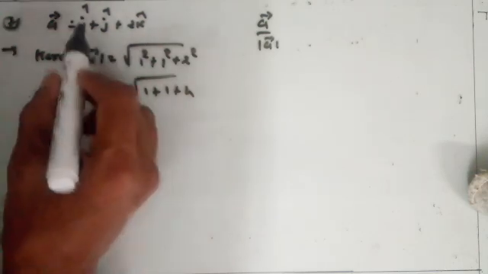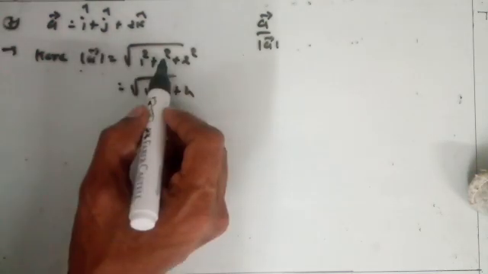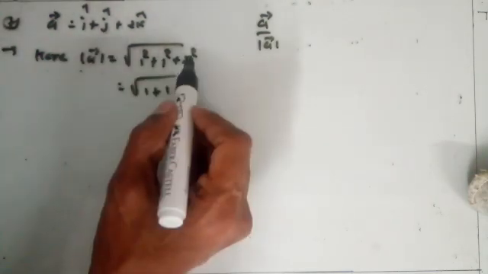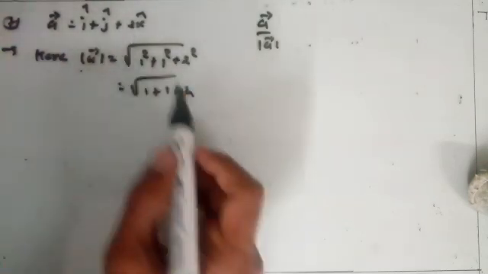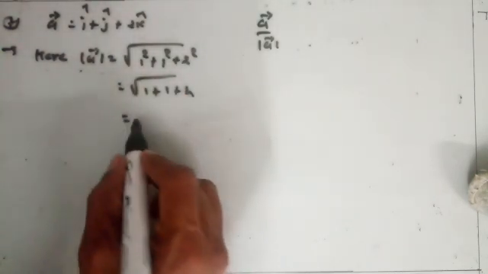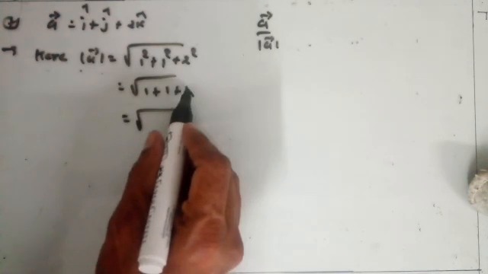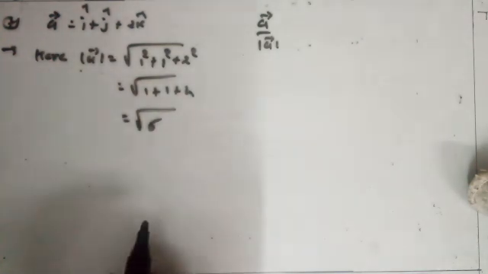Here 1 is the coefficient of i, the next 1 is the coefficient of j, and 2 is the coefficient of k. So this becomes root 6.